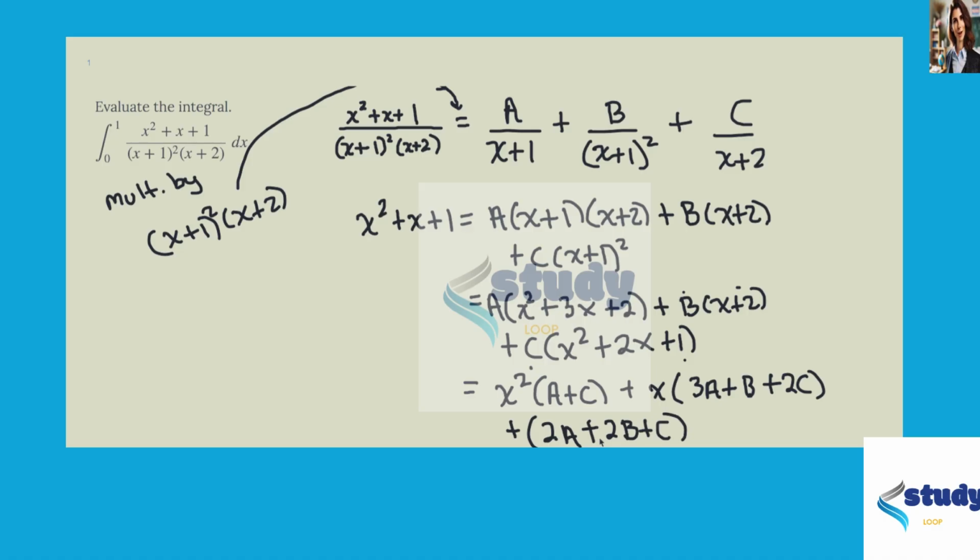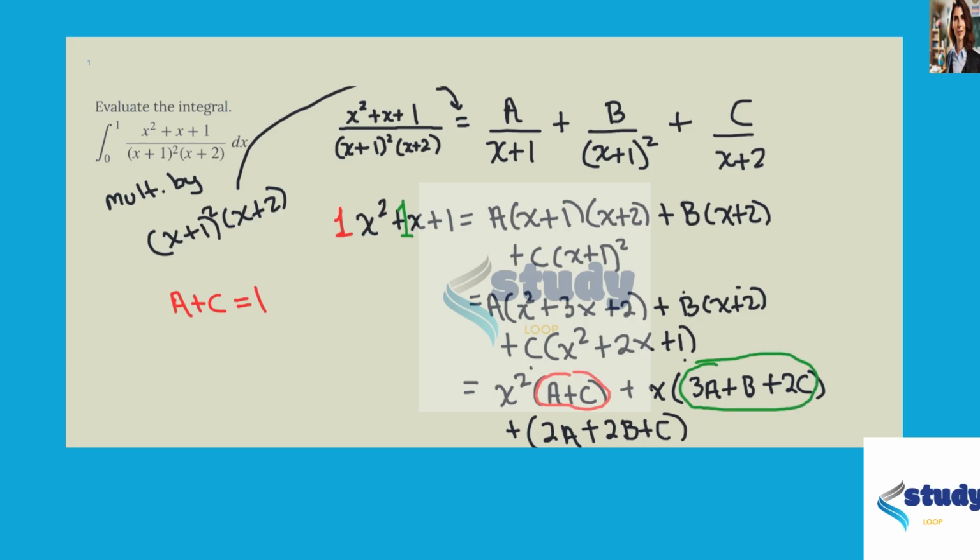So now we compare the coefficients on each side. On the left-hand side, in front of the x squared, we have a 1, whereas on the right-hand side, we have A plus C. So A plus C is 1. Similarly, the coefficient on the left-hand side in front of the x is 1. The coefficient on the right-hand side is 3A plus B plus 2C.